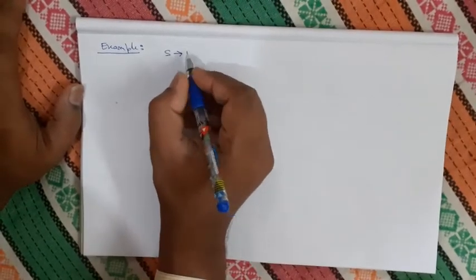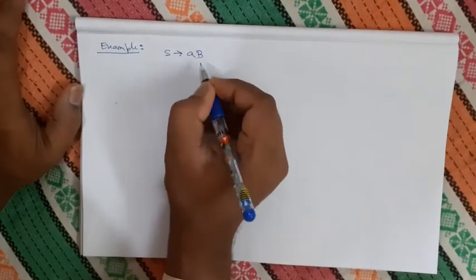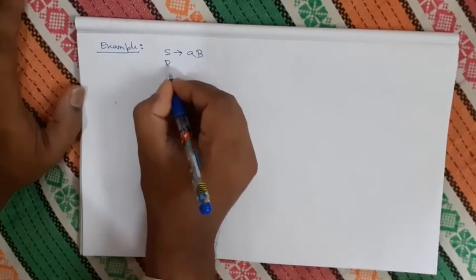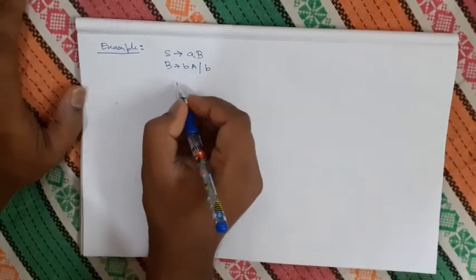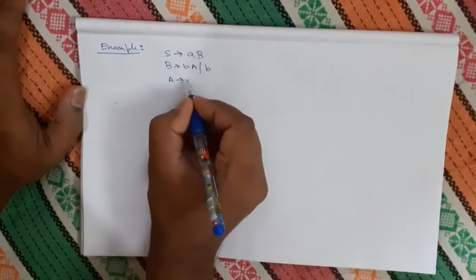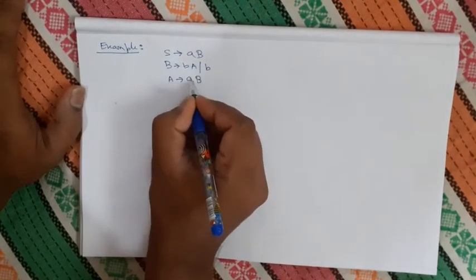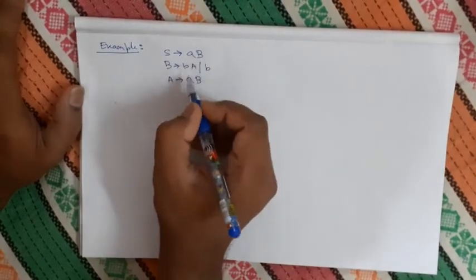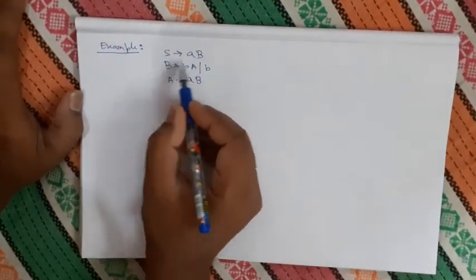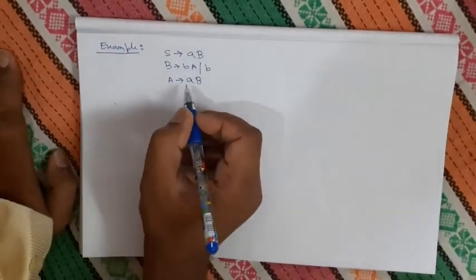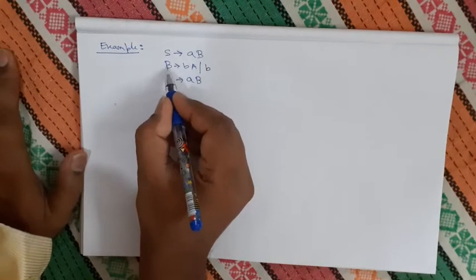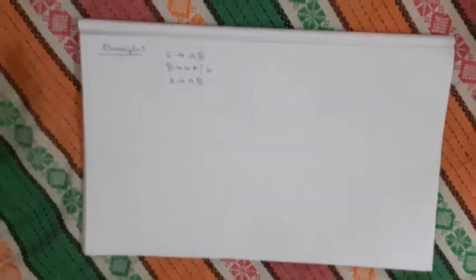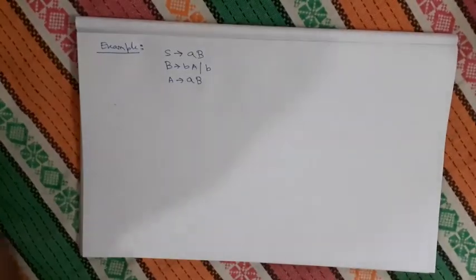Given a CFG: S tends to AB, B tends to BA or small b, and A tends to AB. So this is the production of a CFG. Here you can see these all productions are in the form of GNF. So we don't need to follow step 1, where I told you that CFG should be converted to GNF first. So we can start with the second step.